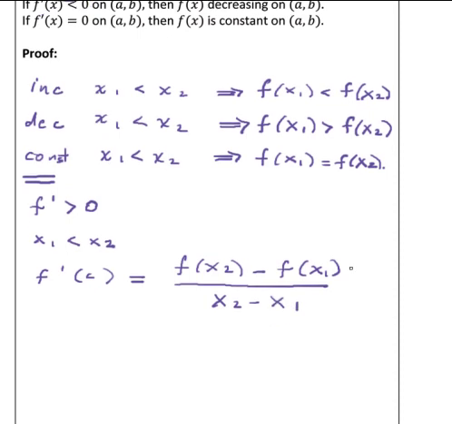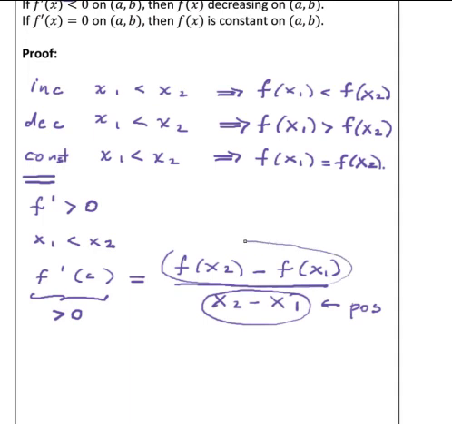Since the derivative is greater than 0, this value is positive. Now we said x1 is less than x2, so the denominator is positive. Since this whole quotient is positive and the denominator is positive, the numerator must also be positive.